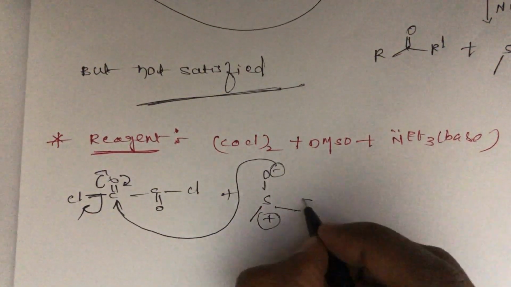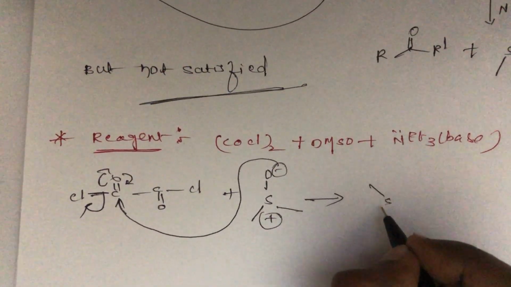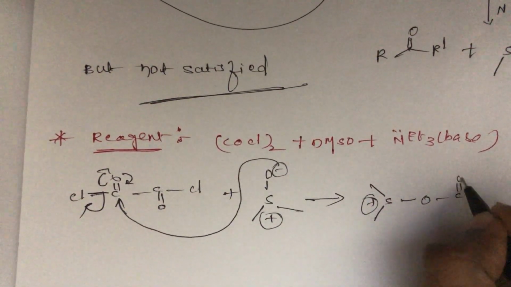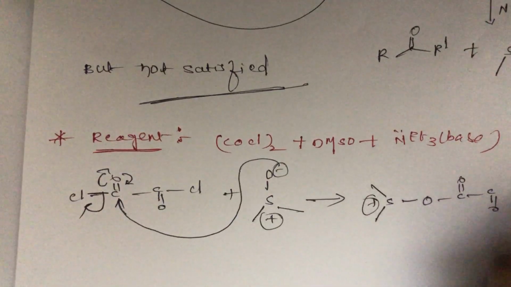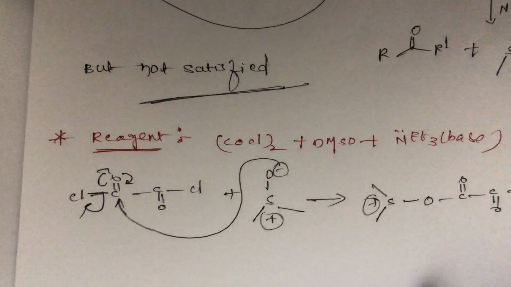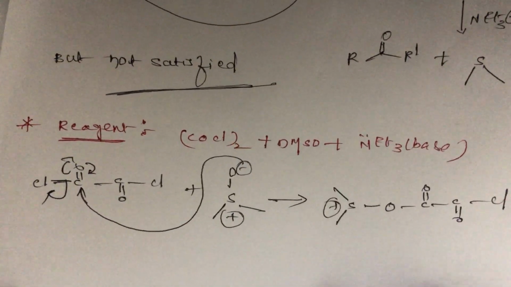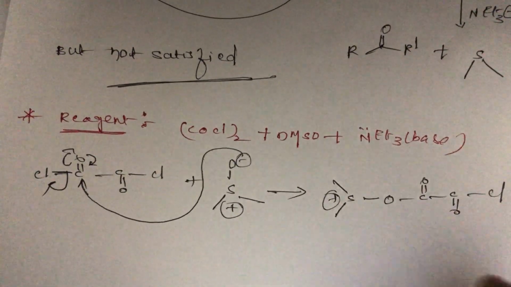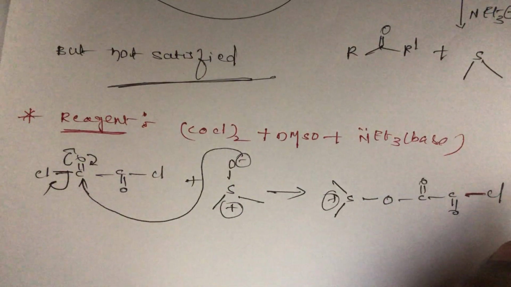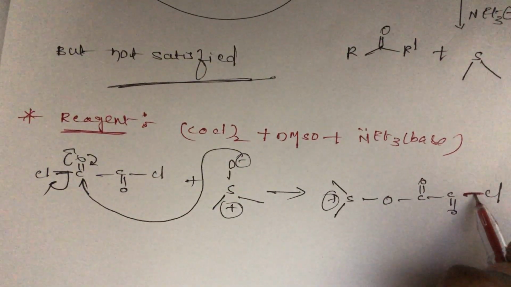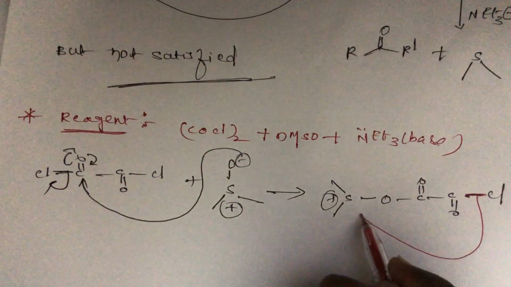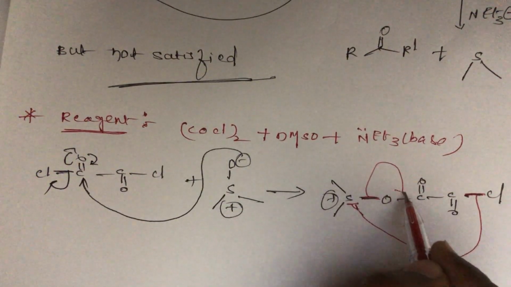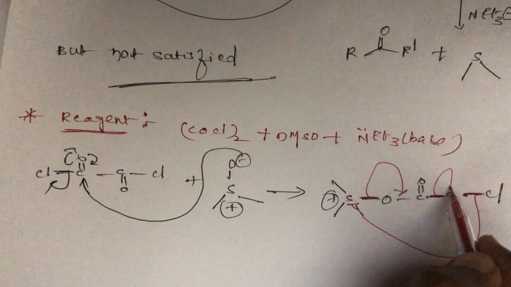Directly, if we see, here we have a sulfur, and here O, C double bond O, C double bond O, Cl. If you see this reaction, how the electrons are moving is most important. This chlorine, see carefully, this chlorine will attack on this sulfur place. This bond will leave here, and here this bond will leave.